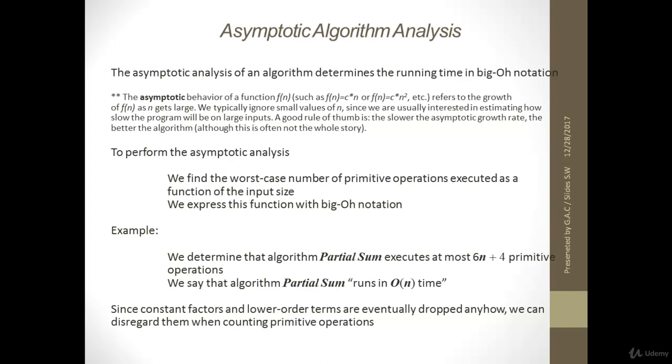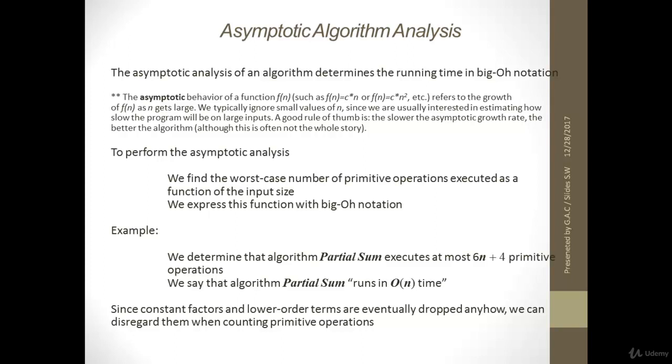So let's see the asymptotic analysis of algorithms. Here it's an analysis of an algorithm which determines the running time in big O notation. To perform such analysis, we find the worst-case number of primitive operations executed as a function of the input size.